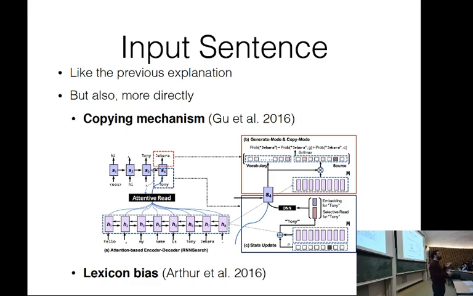You could learn if you want to copy or not. You could have another parameter in your model that outputs a 0 or a 1. If it's 1, you will use the copying mechanism. If it's 0, you would use the actual decoder. Or you could, again, combine them by some weight that you also learn. Okay?